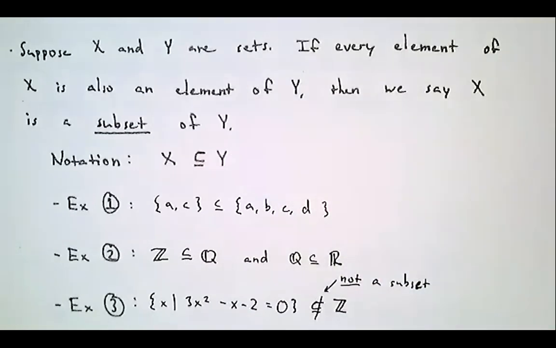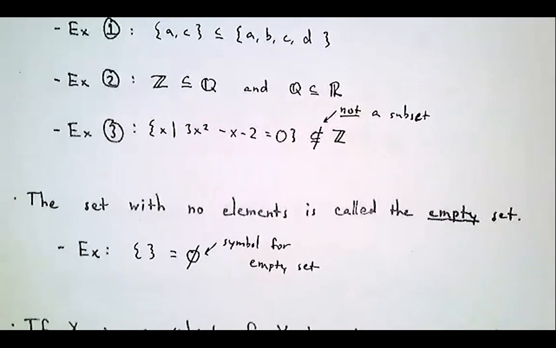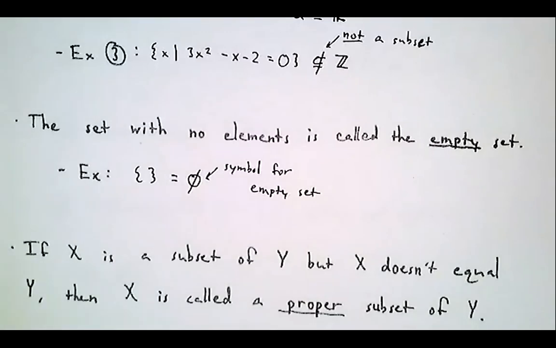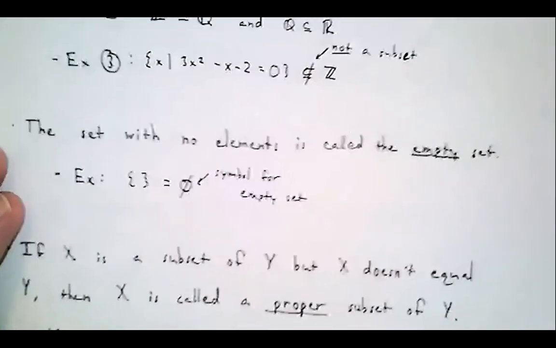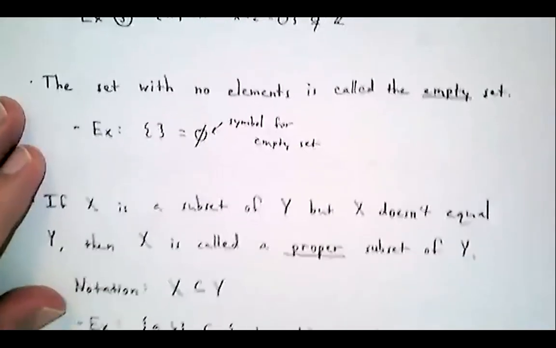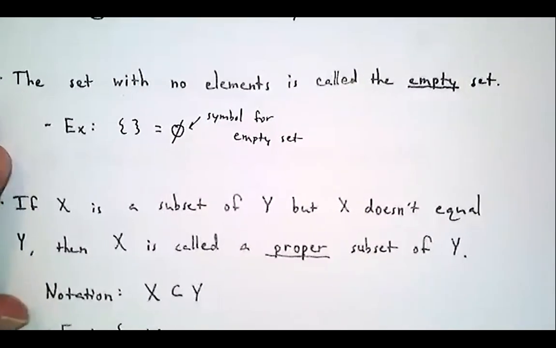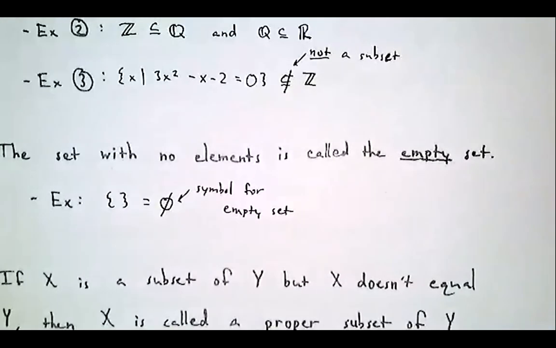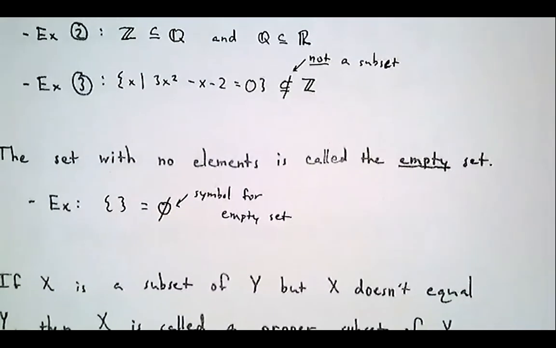Okay, I see. And when we get to making proofs, so proving mathematical statements, we're going to see some cases where we want to use the subset symbol because we might be trying to prove that two sets are equal to each other. But that's for a little bit later.